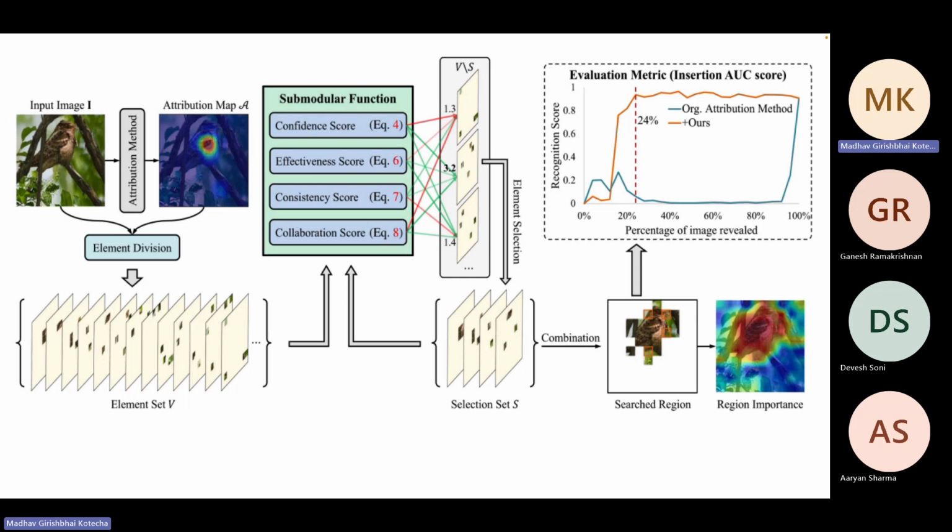So we have an input image. We divide that input image into n cross n patches. Then we apply an already existing attribution algorithm like HSIC attribution or Grad-CAM++ to get a saliency map, attribution map A, which is shown there.